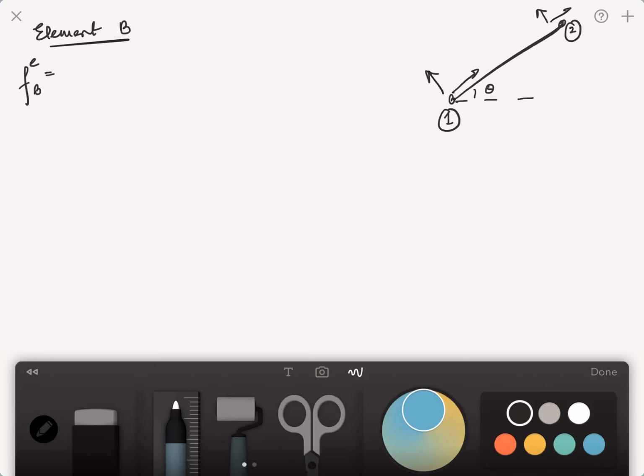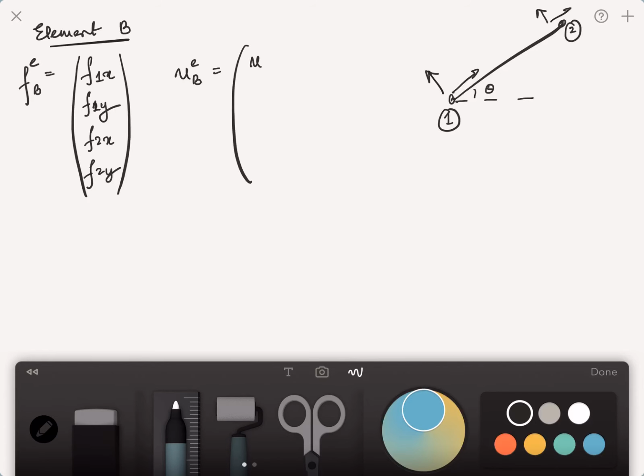So I have FB for the element will be given as F1x, F1y, F2x, F2y. And please note that these are the local coordinates x and y. Then you have UB of the element, which will be given as same U1x, U1y, U2x, U2y.